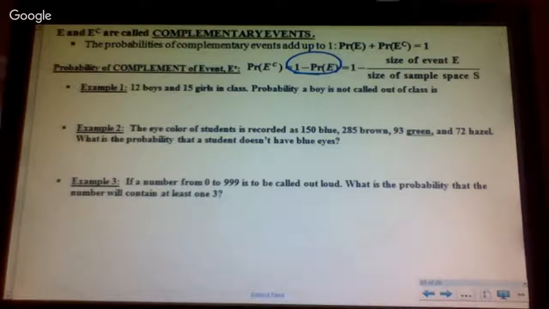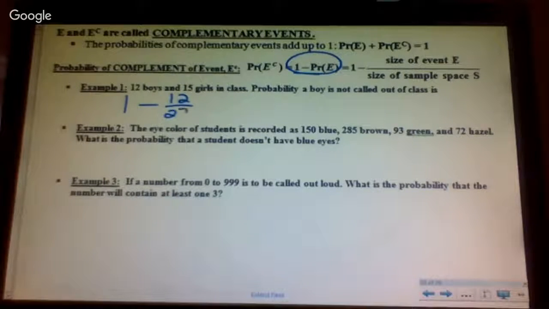What is the probability a boy is not called out of class? First off, 1 minus. We know the probability of a boy being called out of class. What is the probability of a boy being called out of class? 12 out of 27. Okay.